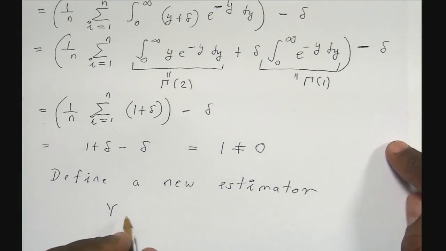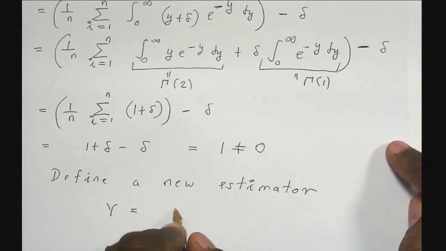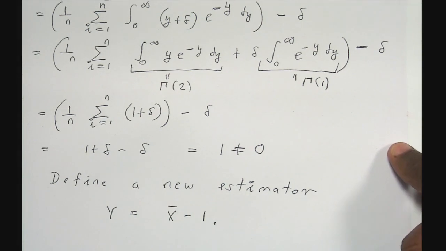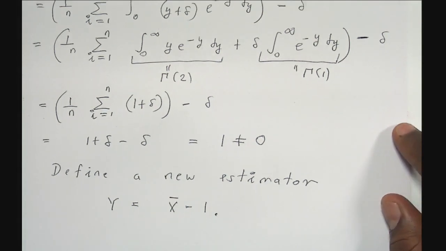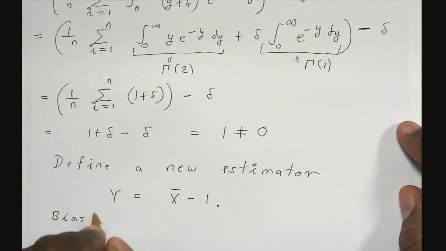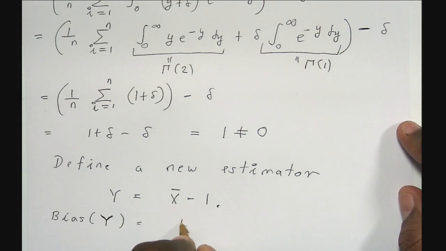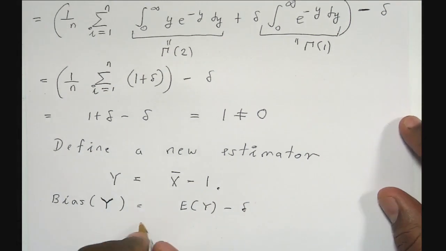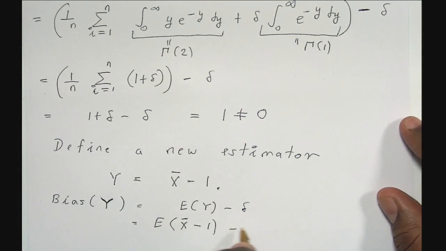I'm going to define a new estimator y called x bar minus 1, and this new estimator y will be unbiased because the bias of y is the expectation of y minus delta, which is the expectation of x bar minus 1 minus delta.